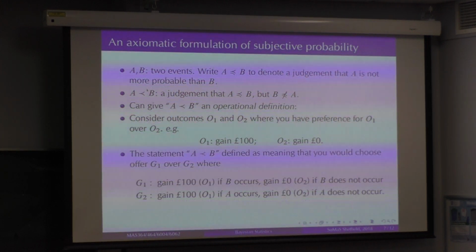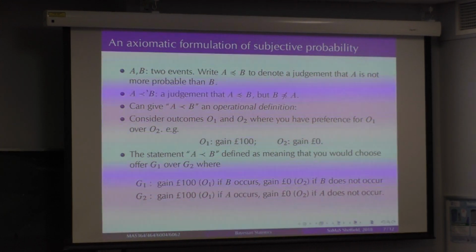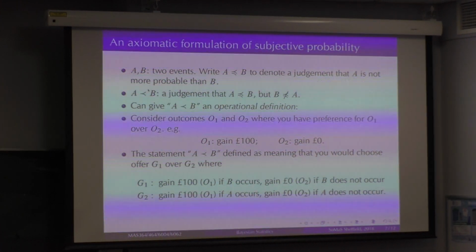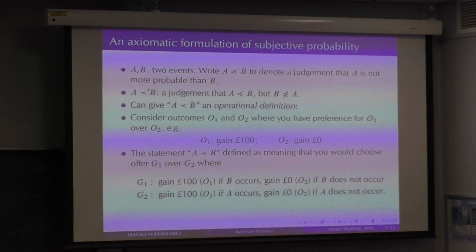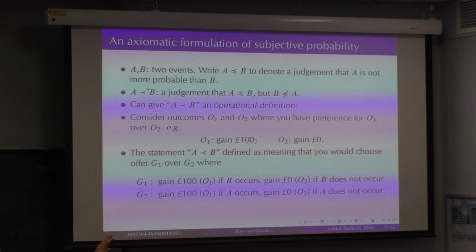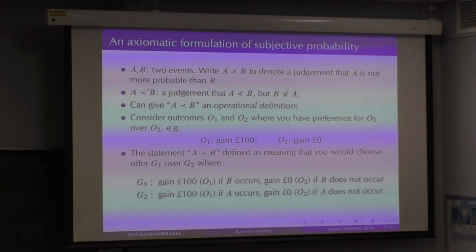So I won't bore you with the details, but what this means is a way of making operational the definition of subjective probability, okay? What you need for doing that is again bets.